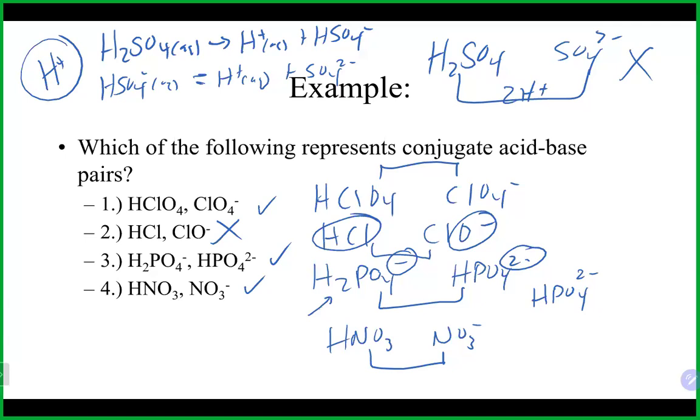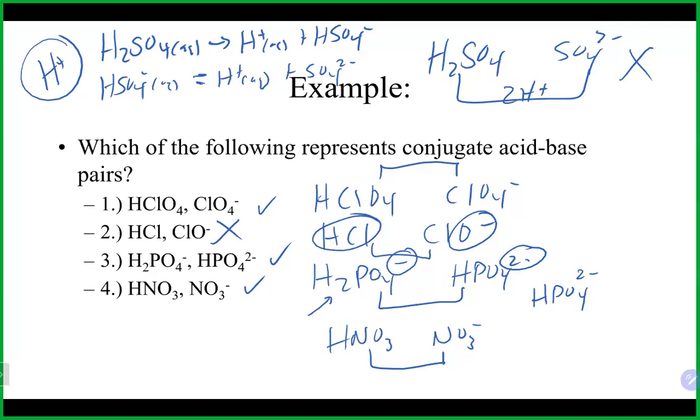So they actually do come off in what's referred to as a stepwise dissociation. By the way, is it easier, you think, to get off the first hydrogen or the second one? It's actually the first one that's much easier because it's neutral, right? As soon as you remove it, you now have something with a negative charge trying to rip off something that's positive. It's going to hold it tighter. So it's actually a lot harder for the second one to come off. And if you have a triprotic acid like phosphoric acid, it's super hard to get that third one off. It will come off, but a super small amount will come off at that point.